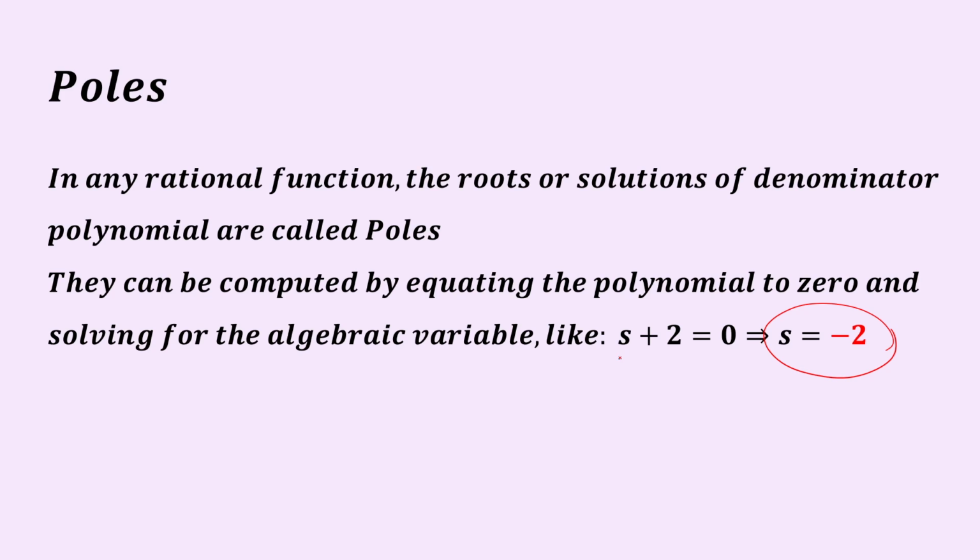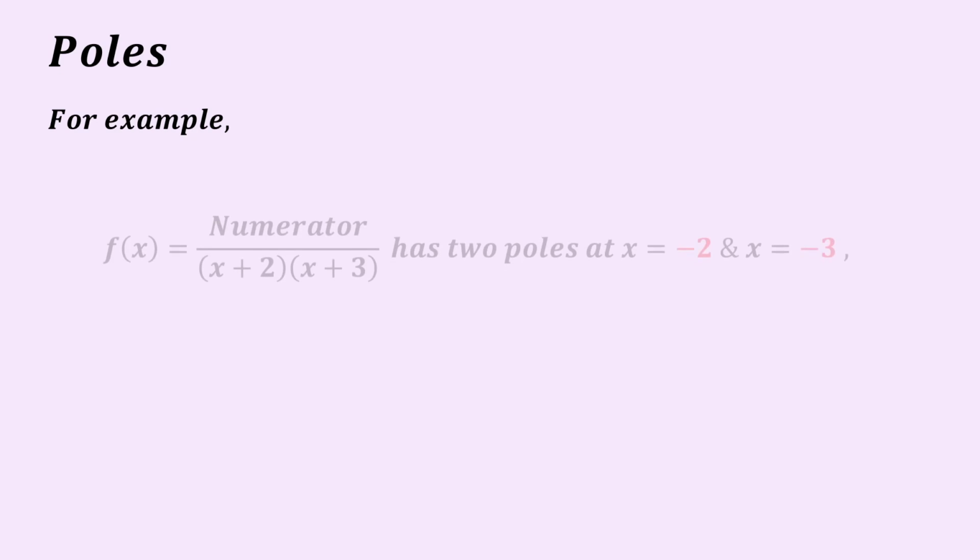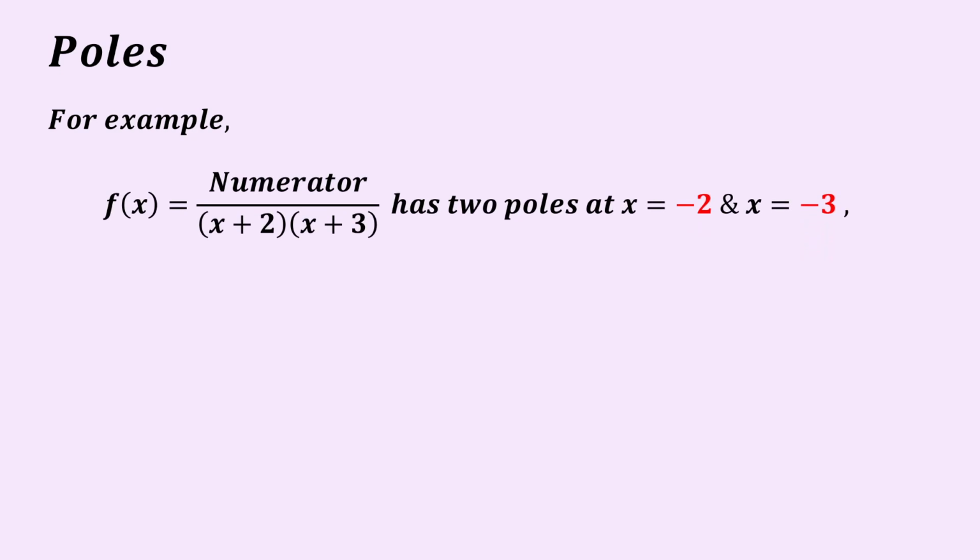For example, s plus 2 is the denominator polynomial, we equate it to 0, and then solving for the value of s, we get the pole at minus 2. So for example, this function has two poles, one at x equal to minus 2 and the other at x equal to minus 3. So these are the solutions of this denominator polynomial.